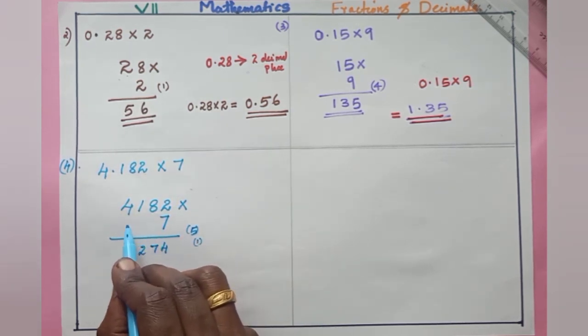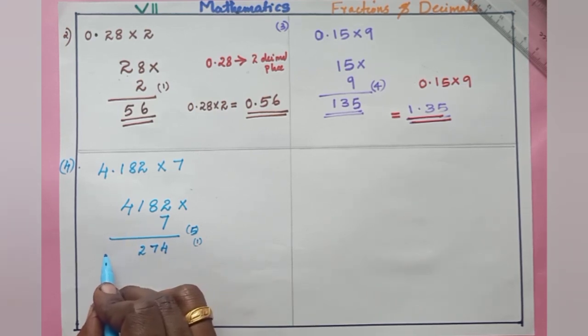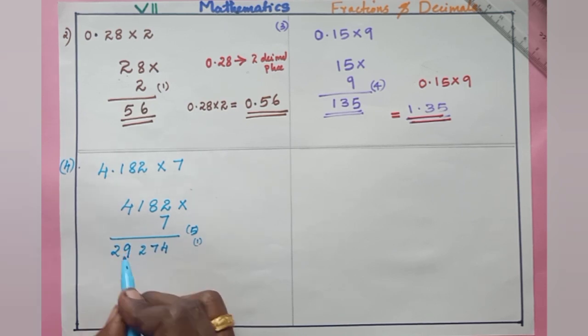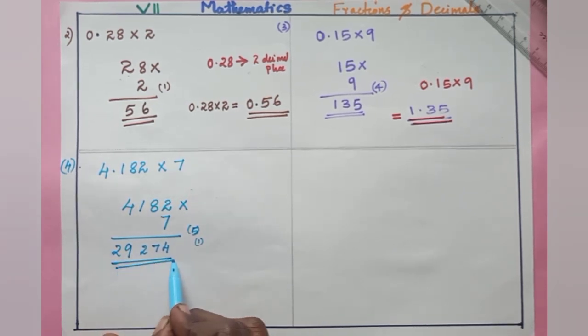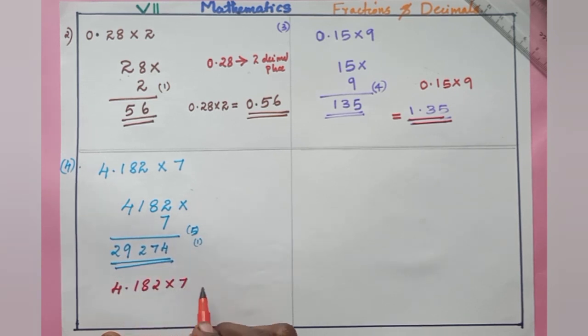Then 7 fours are 28 plus 1, 29. This is the whole number answer, 29,274. For our question, 4.182 into 7, the multiplicand has 3 decimal places.